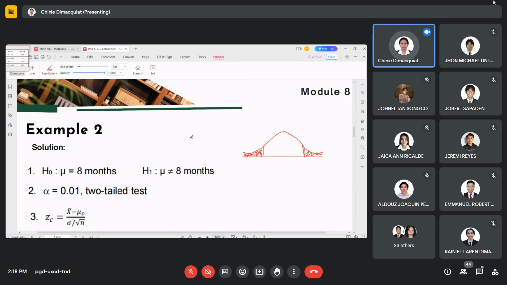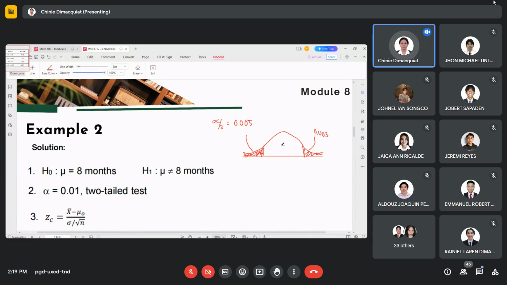And since two-tailed nga, yung alpha natin, kailangan natin siyang i-divide sa 2 para makatier yung both ends. So, we'll have alpha over 2 is equal to 0.005. Therefore, itong part na to ay 0.005 and itong part na to ay 0.005 din.